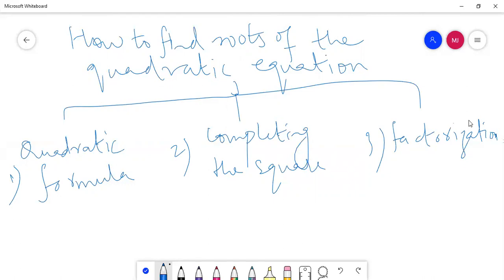There is another method as well, like we can also find roots of the quadratic equation or any other equation graphically, which we will discuss in our next section, in which we will be covering graphs. So for now, we will be discussing 3 methods, and we are going to start with the quadratic formula.